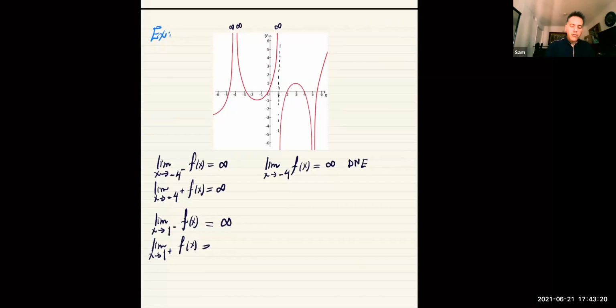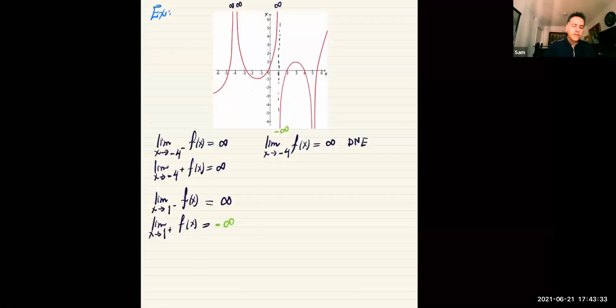And from the right of 1, the function is going down to negative infinity. So if someone asks you, what is the limit as x goes to 1 of f of x, what do I say, guys?